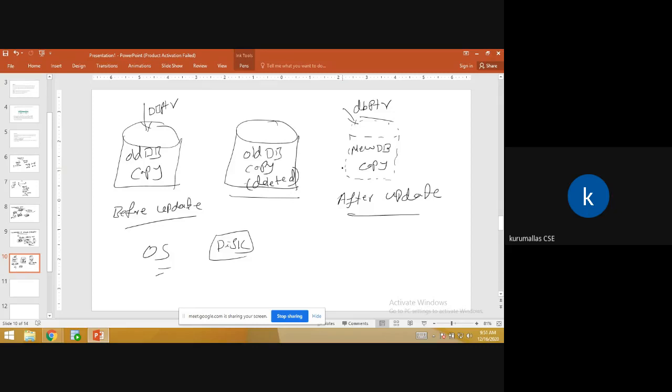Then the database system automatically transfers the old database pointer to the new database pointer, and the old database is deleted. Then we ensure atomicity and durability, even if any transaction failures or system failures occur inside the database. This is about today's class. We can see the remaining concurrency control mechanisms in the next class.